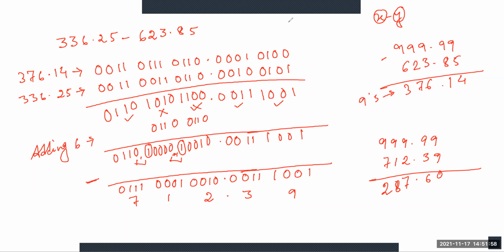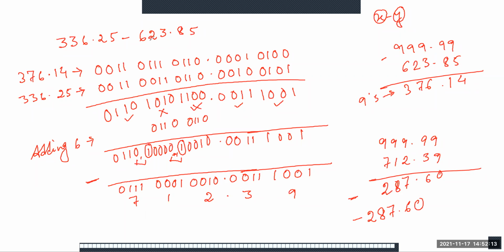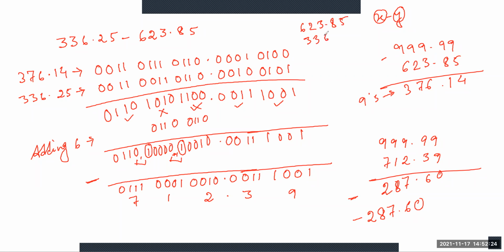So the actual answer is minus 287.60. Okay, so now if we subtract directly, in this case also, 623.85 minus 336.25.